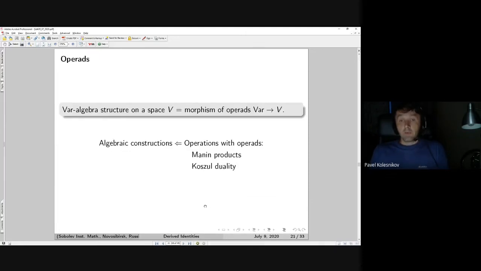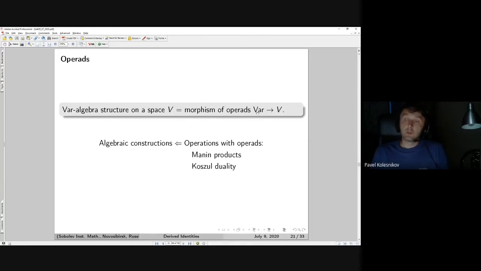And the main thing is that given a space V, in order to define an algebra structure on this space V, we have to define a morphism of operads. A morphism of operads is just a component-wise family of linear maps from Var_n to V_n.